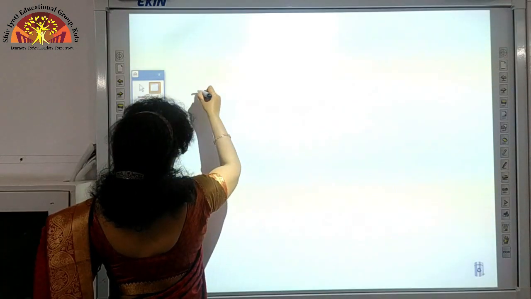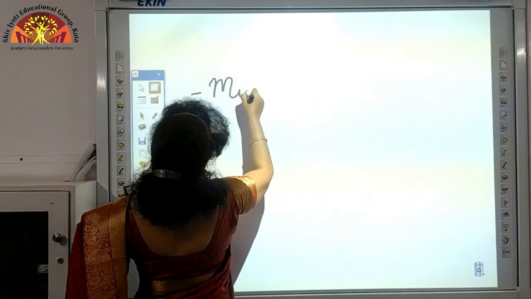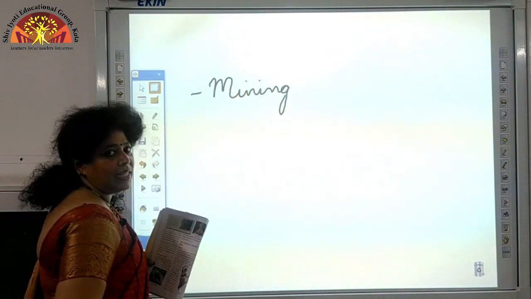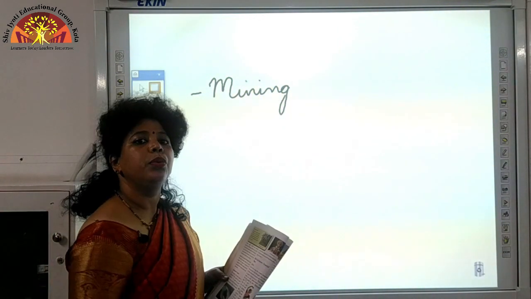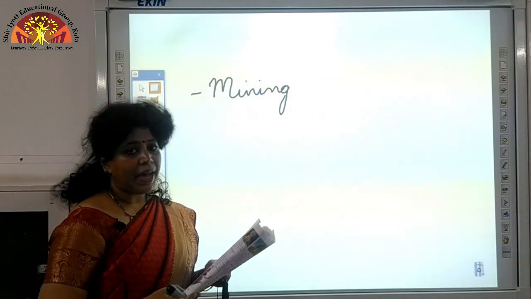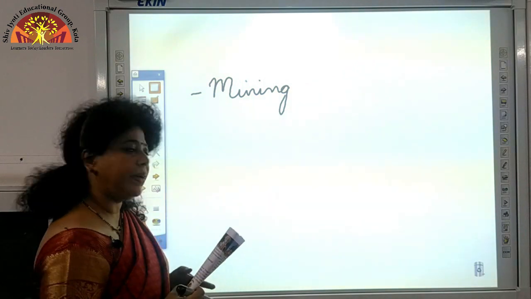And mining is also an important industry here. Minerals like iron, coal, aluminium are found in Odisha, and because of that, mining is also an important occupation here.